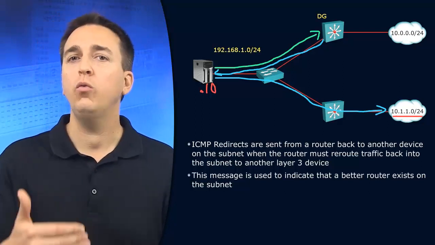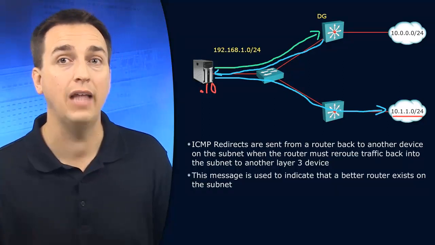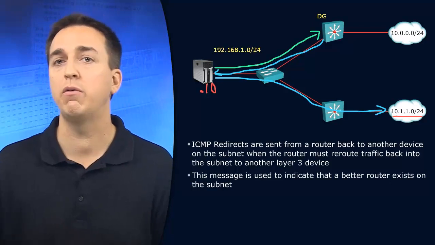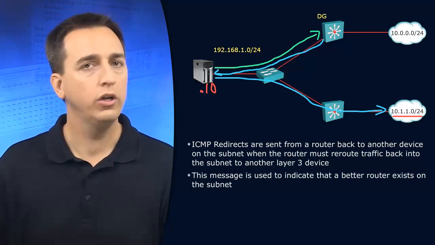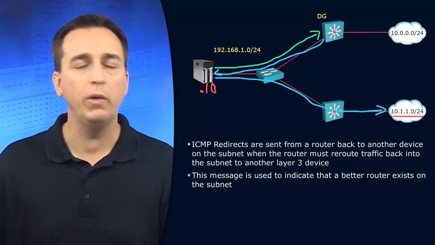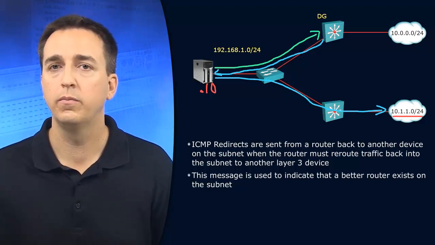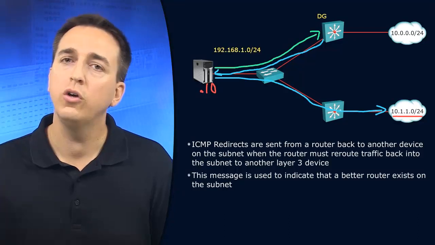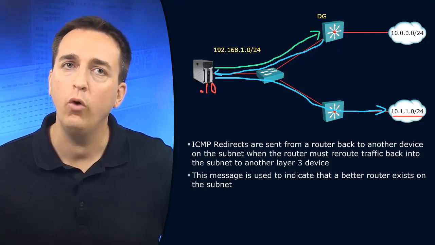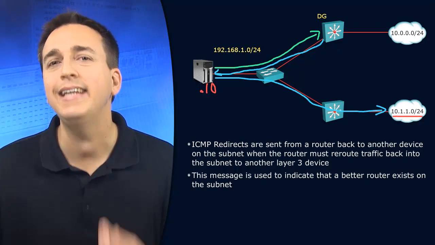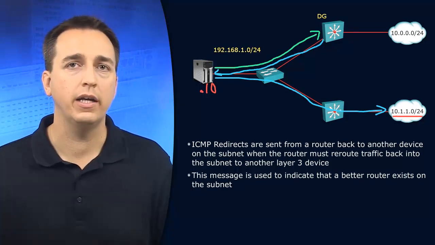Do we really want to have that slight bit of delay every time the clients want to reach 10.1.1.0/24? No, we don't. Do we really want our clients to have to resend traffic? No, we don't either. So we want to consider this in our network designs.